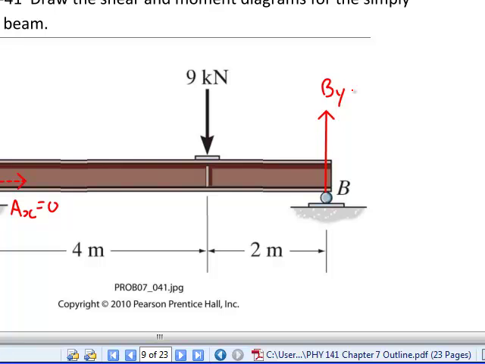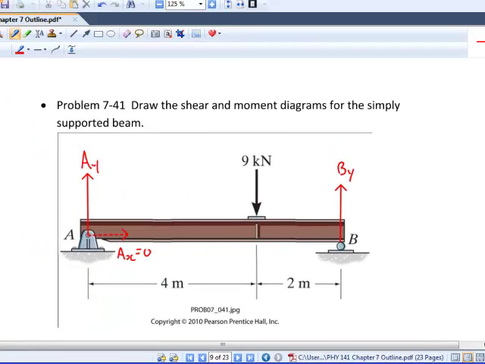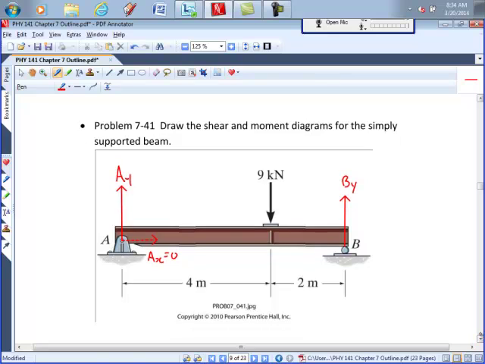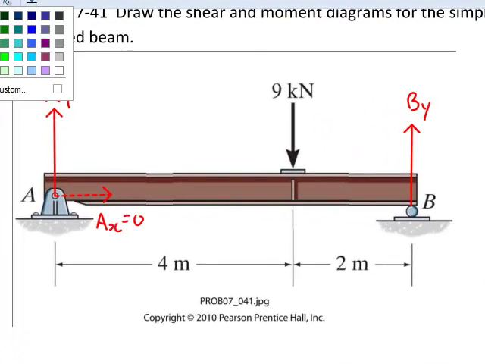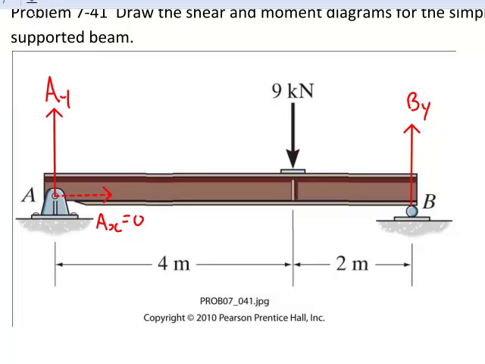All right. Anything else on our free body diagram? Nope, that's it. Our three components of reaction. They would make it fully constrained or properly constrained. What next? Equations of equilibrium.